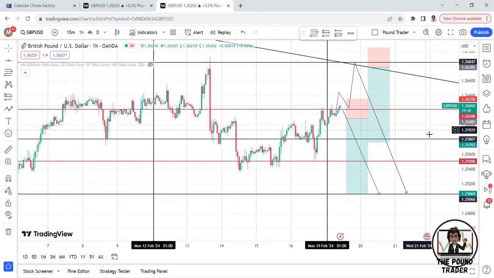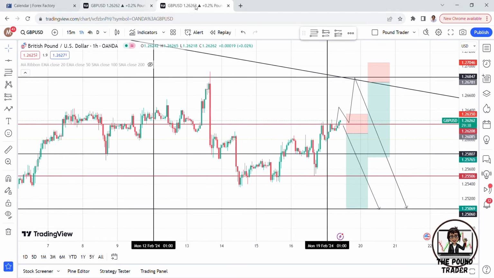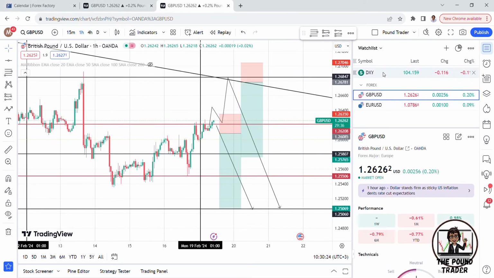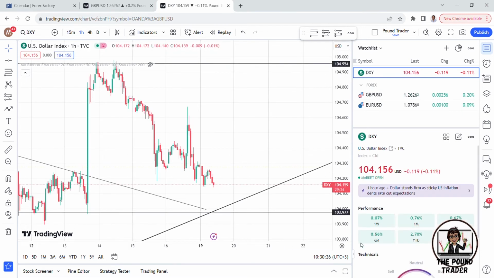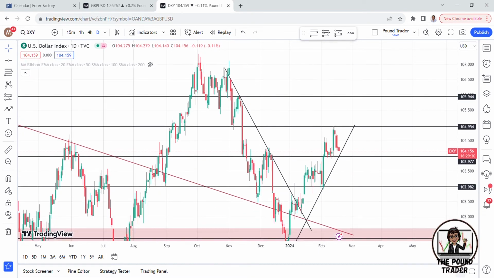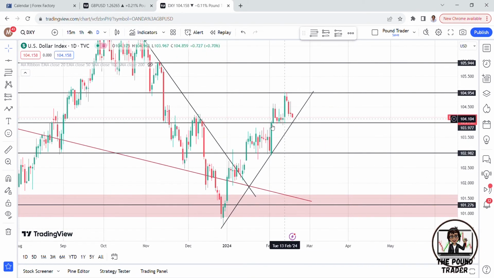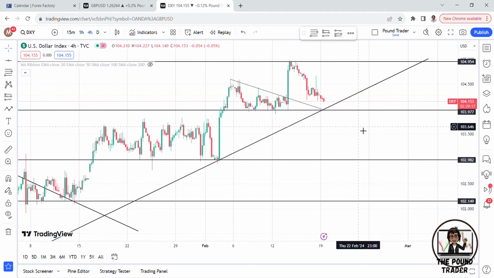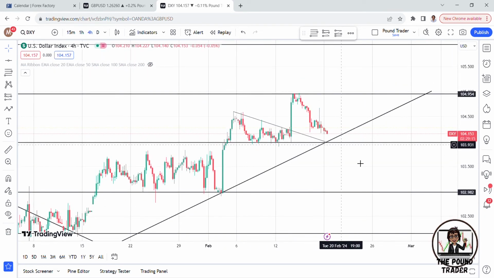I believe in this. So let's see what the dollar index is saying. Let me go to the daily time frame. We can see here the dollar index is making the retest down. Now, I don't know if it wants to come back to this level over here, or does it want to make a steeper retracement to this range, but let's see. On the 4-hour time frame, I had this sort of descending triangle.